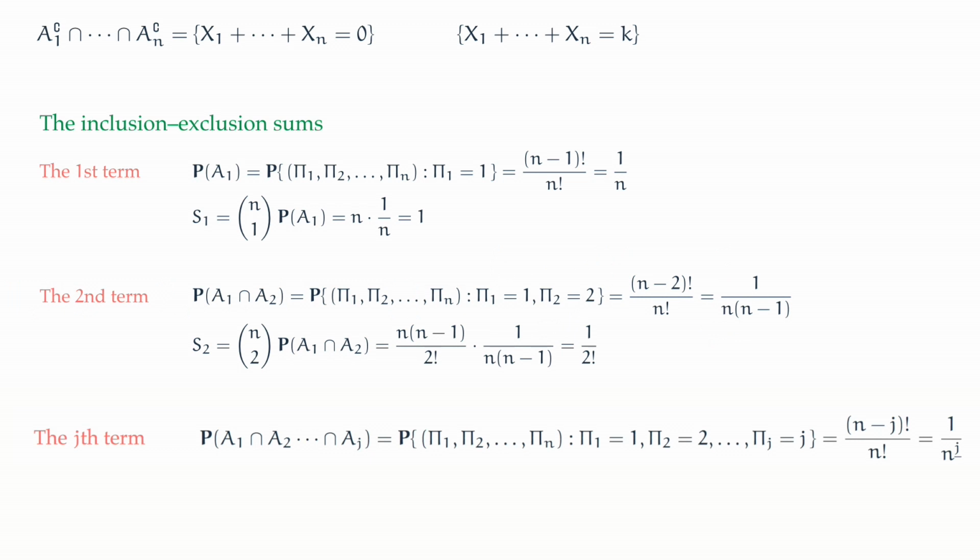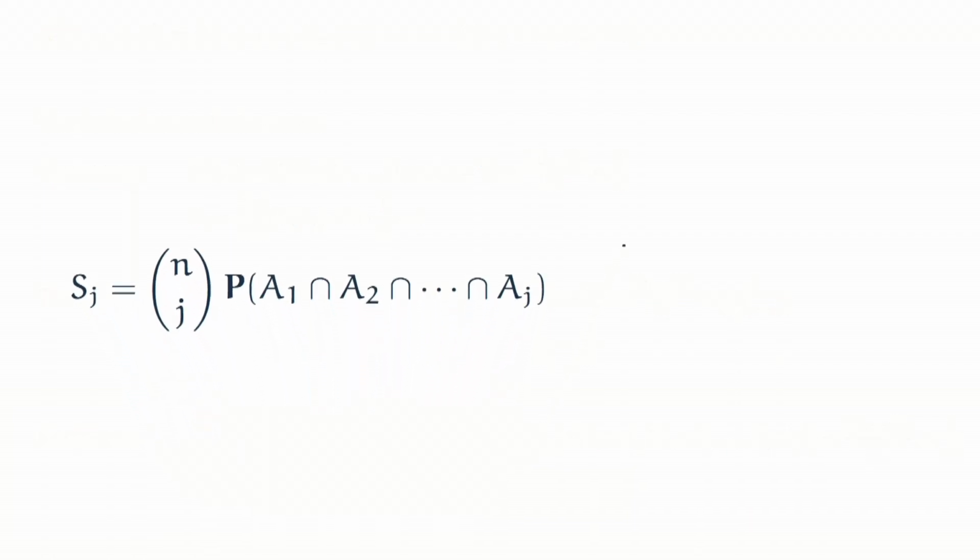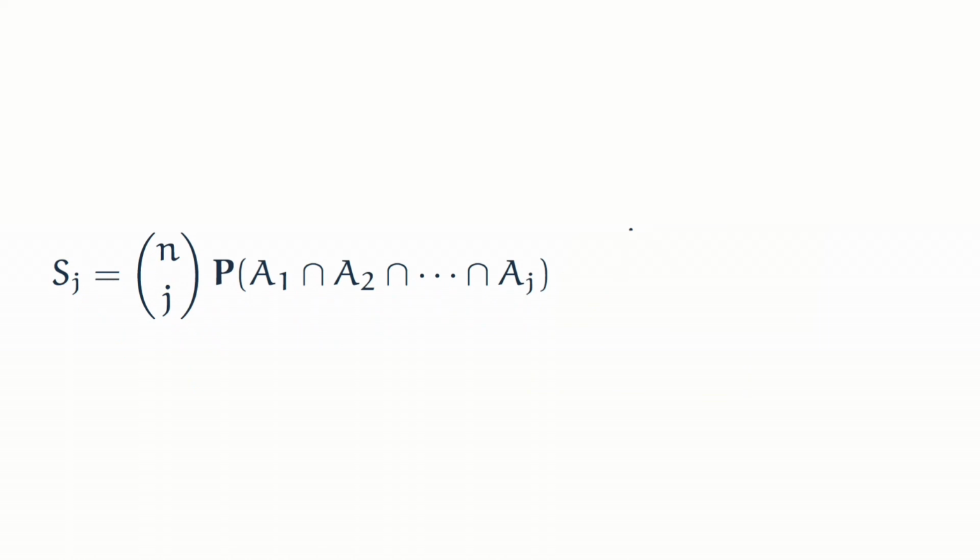With this in hand, we're ready for the jth inclusion-exclusion sum. Let's just write it down. Again, the symmetries in the problem tell us that these probabilities are unaffected whichever group of j individuals you choose to look at. There are n choose j such groups of individuals, and therefore the jth inclusion-exclusion sum works out to be simply, elegantly, beautifully 1 over j factorial.